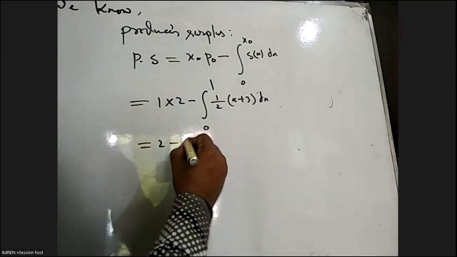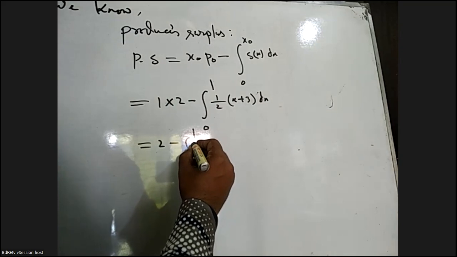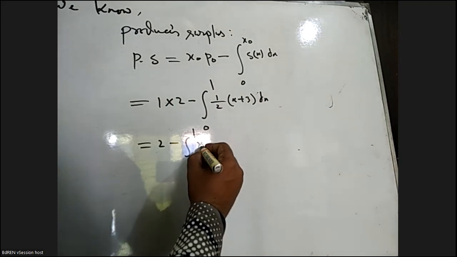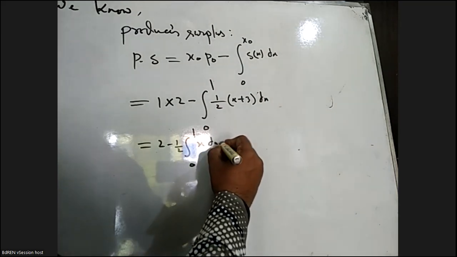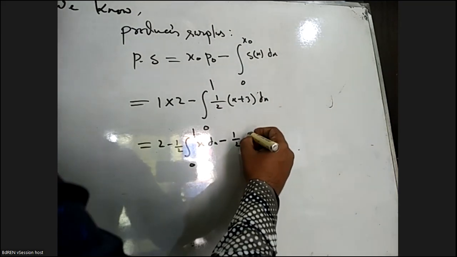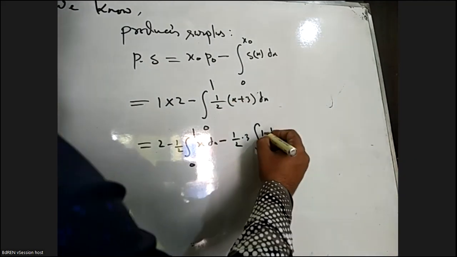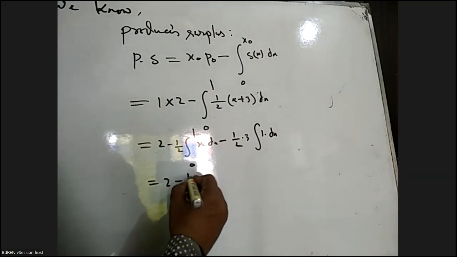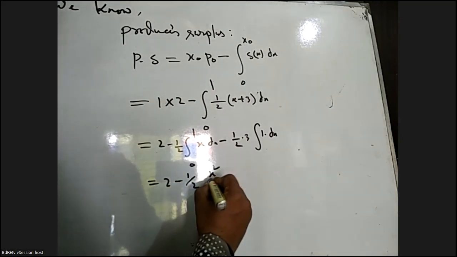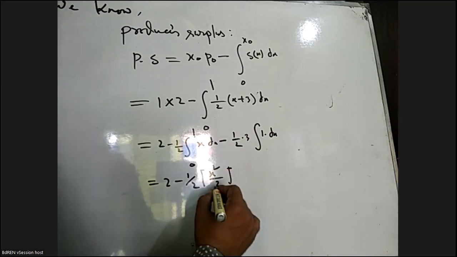So this 0 to 1, half multiplied by x dx minus half into 3, the integration of 1. There is no variable, this is why we have to use 1 to find out the integration. So 2 minus half, the integration of x will be x square by 2, because using power rule, x to the power 1 plus 1 divided by 1 plus 1.